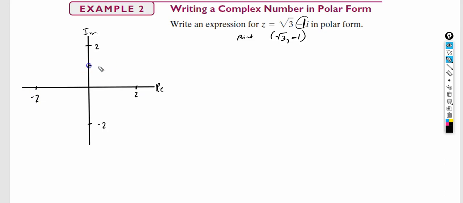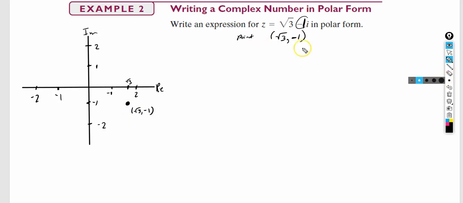So just doing it freehand, I want to try and make this pretty obvious. So the point square root of 3 comma -1. So square root of 3 would be about there. And there's -1. So that's where the point would be in the complex plane.